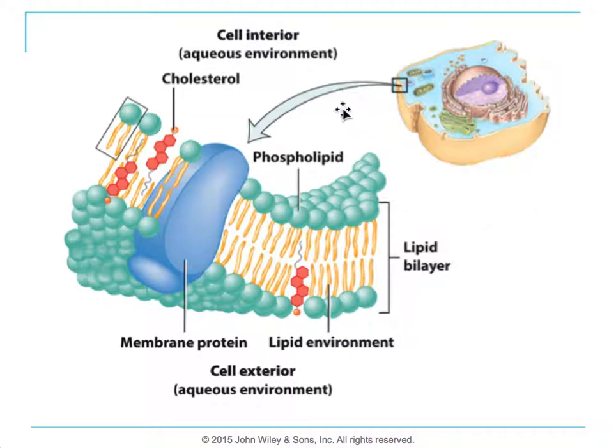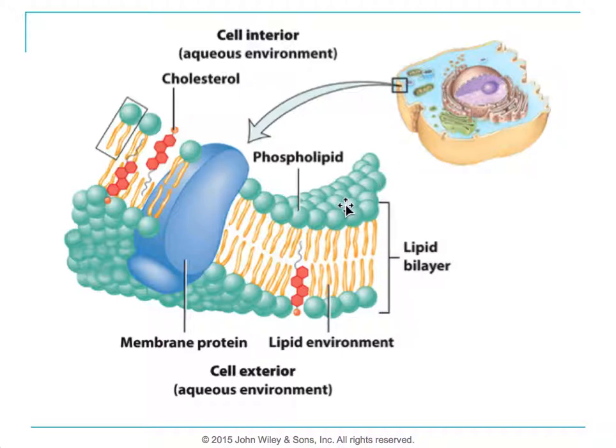So we have the cell interior, this blue area, and that's aqueous. Aqueous means that it's made up of water. Has the same polarity as water. And the cell's exterior is also aqueous. So water outside, water inside.